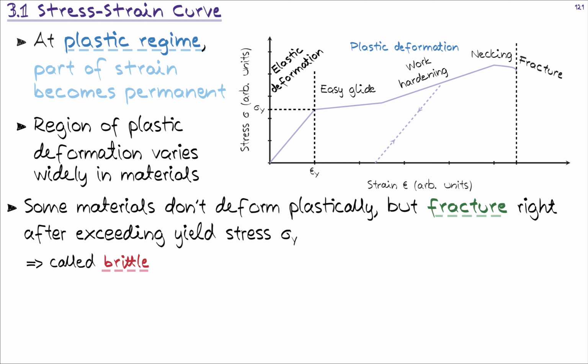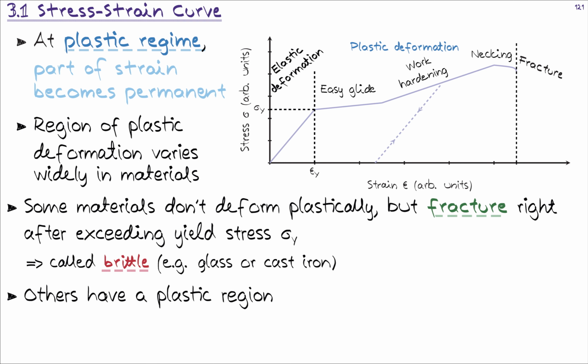When a material has this property, we call the solid a brittle material. Examples are glass in solid form, which breaks down quite easily, and cast iron is another example of a brittle material.